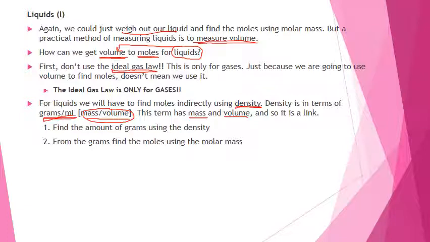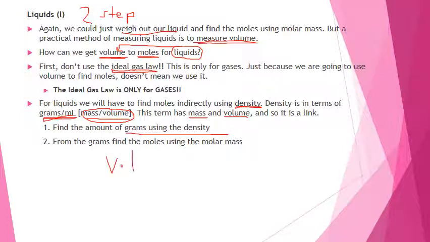So for liquids, you're going to have a two-step process to figure out moles. For gases and solids, it's just one step. So the first thing you do is find grams using density, if you're given a volume.